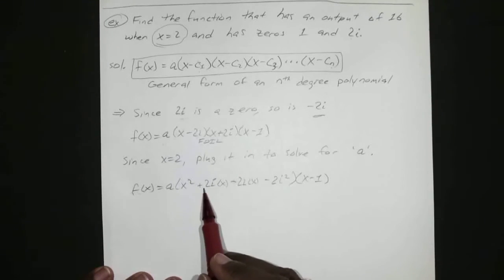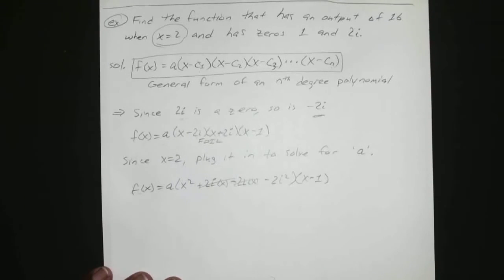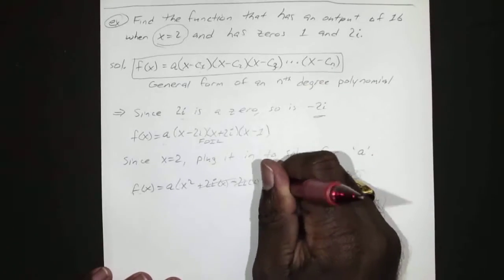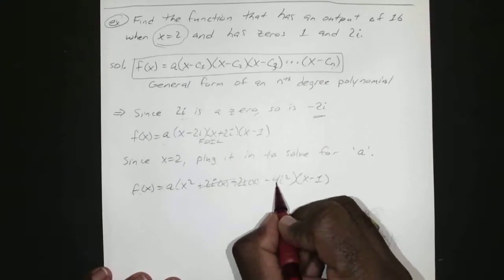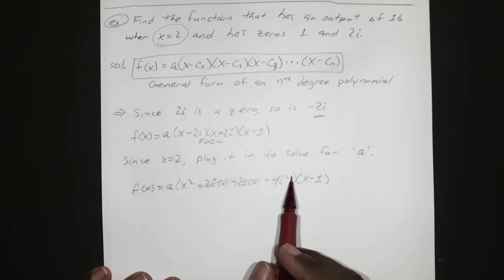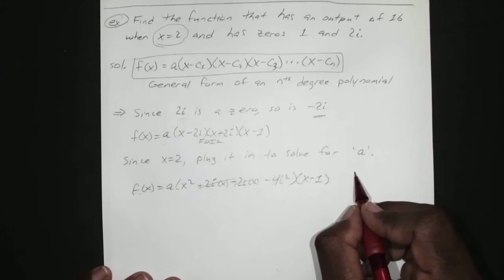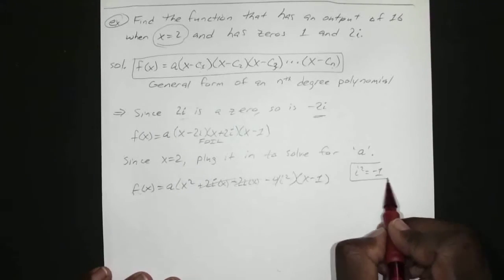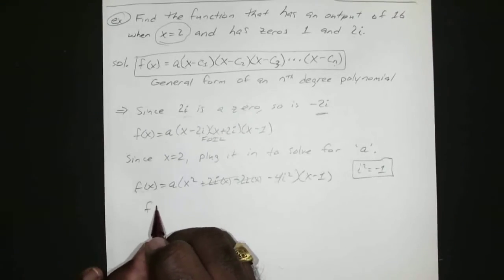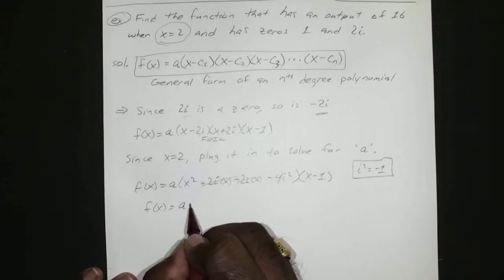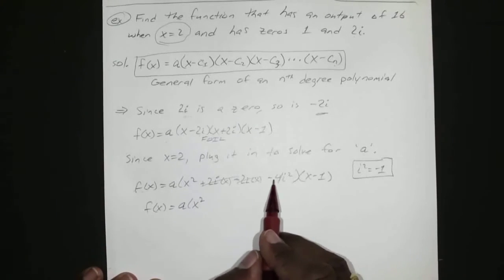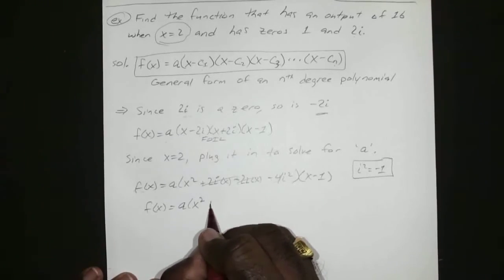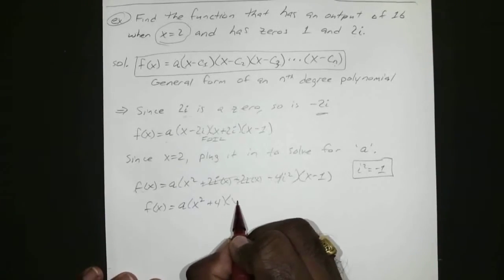Okay, so these two plus or minus cancel out. Oh, it was 2i times 2i. Thank you. All right. So we know that i squared is equal to negative 1. So that means our f of x is equal to a times x squared plus 4, times x minus 1.